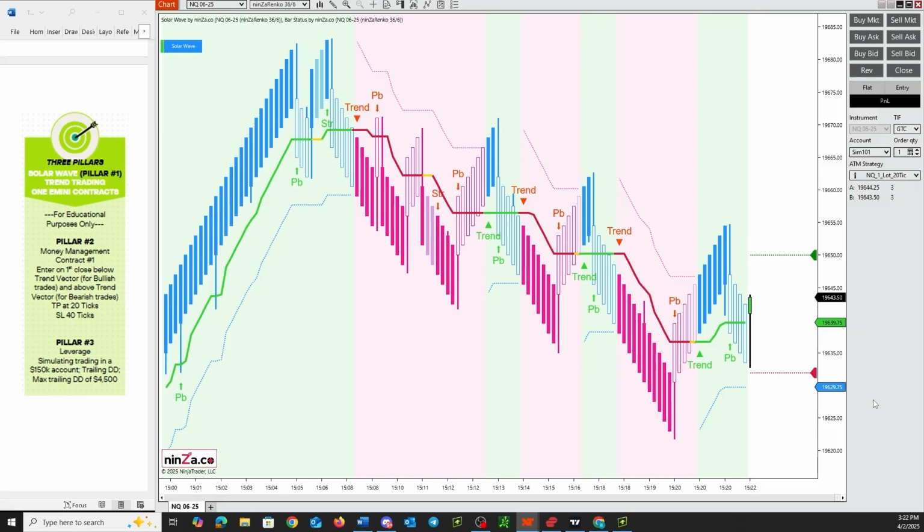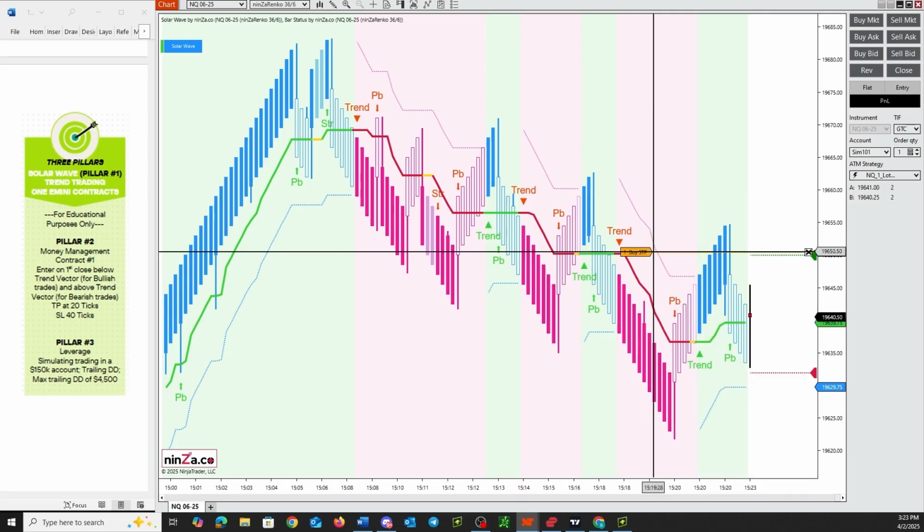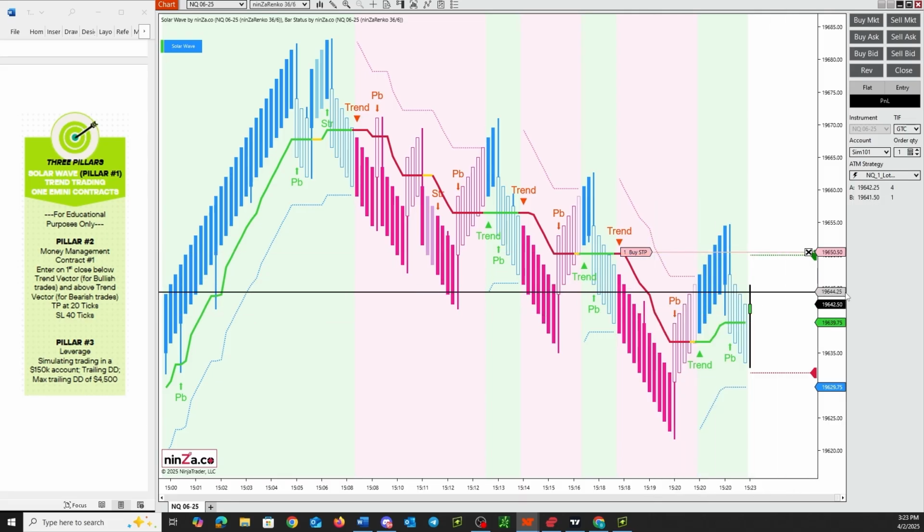There we go. That's all we're looking for. Just that little bit of movement. Now we can come right back and try to get 13 ticks on a close up.